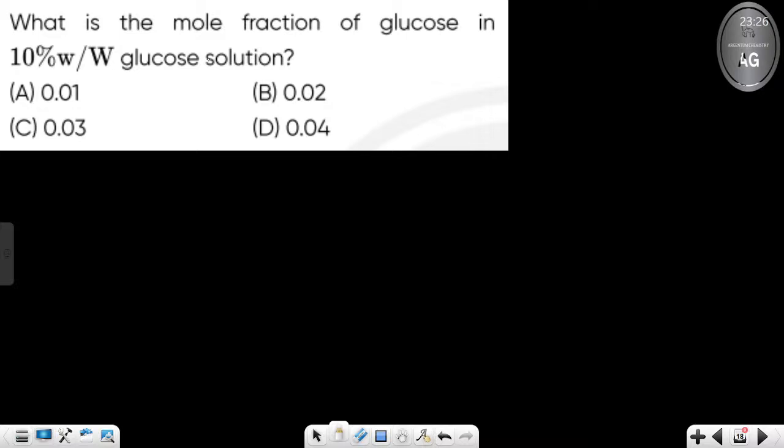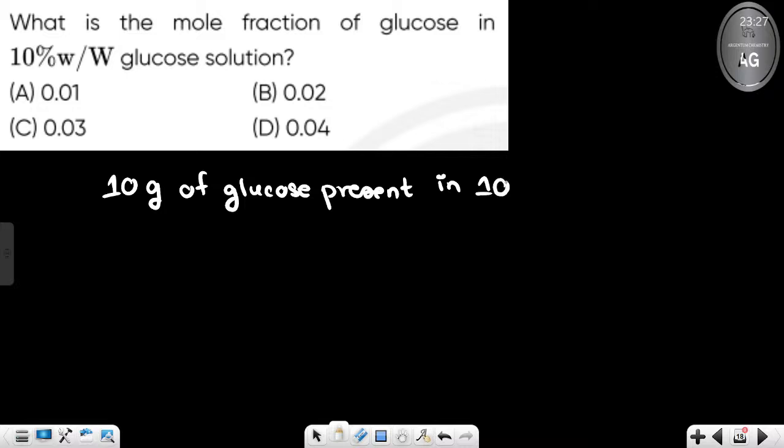Mole fraction of glucose in 10% weight by weight glucose solution. What does 10% weight by weight glucose solution mean? First we need to know that. It means 10 gram of glucose present in 100 gram of solution.